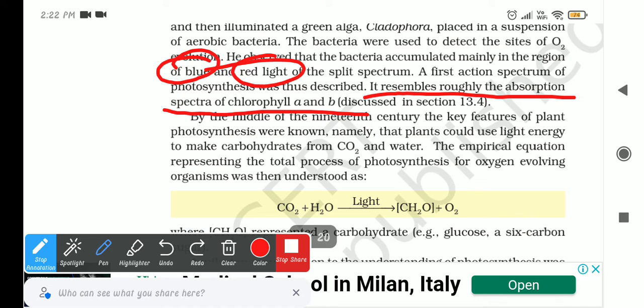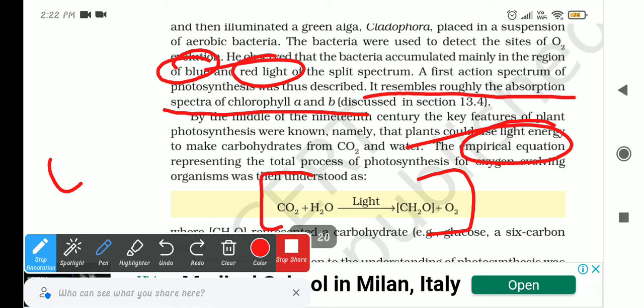By the middle of the 19th century, there was an empirical equation which represents the total process of photosynthesis for oxygen evolution.